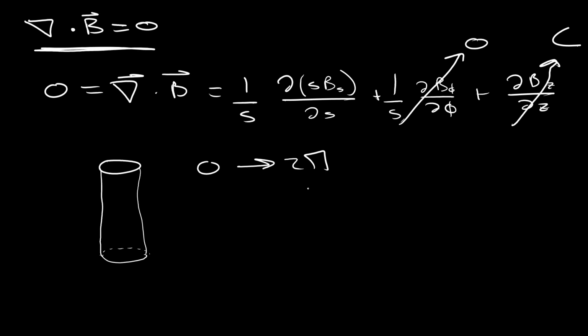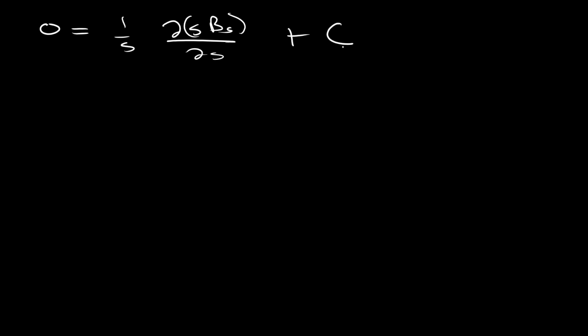So we're left with only needing an S component, all right? So let's examine this S component a little bit more. We know that 0 has to equal 1 on S partial S B_s partial S plus C. And we need to get a minus C out of this, so we can try a few things. All right, we see that we have an S in here, and we could take a derivative of that.